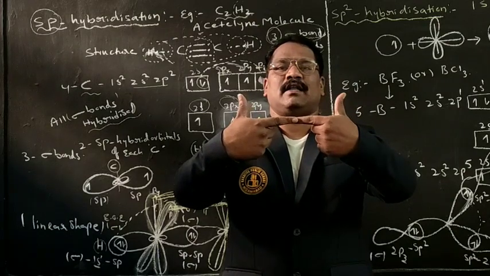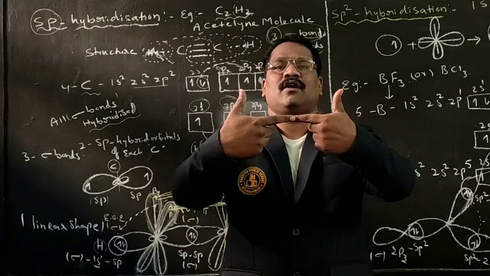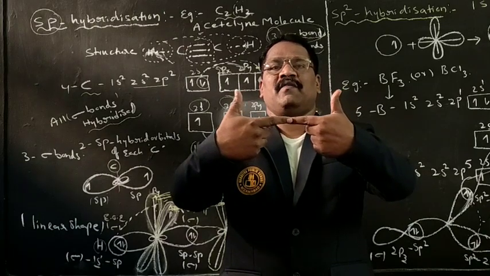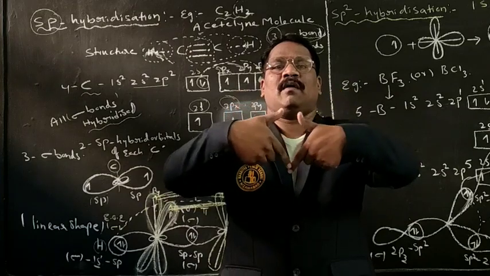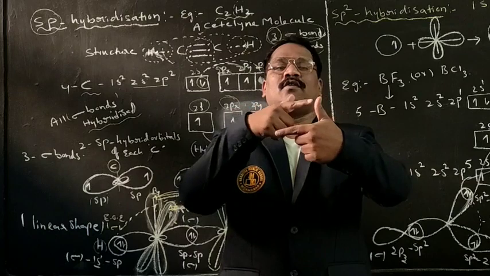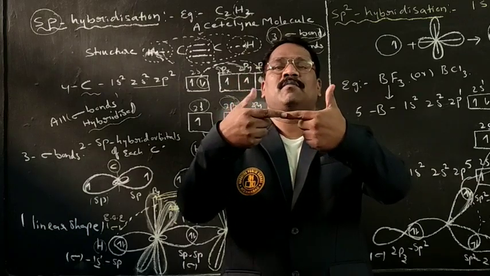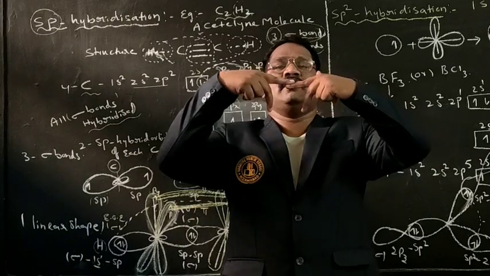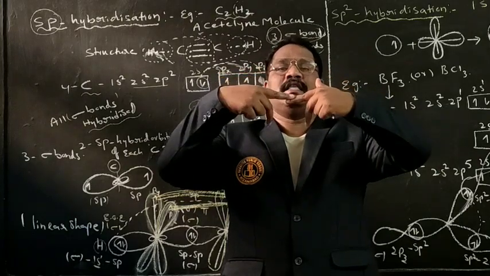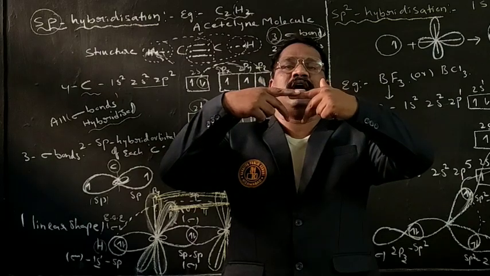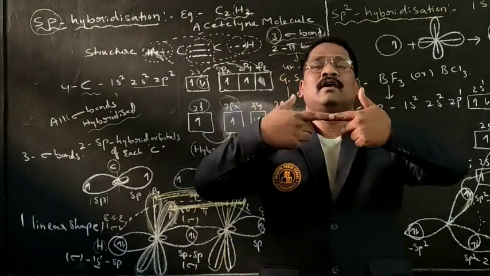Here, these two fingers, take them as the py orbital and py orbital. The py orbitals overlap side by side, and due to that a bond forms between these two, which is called a pi bond. Similarly, these two fingers are the pz and pz orbitals. They also overlap side by side and form a pi bond.